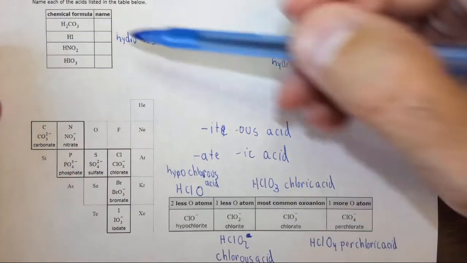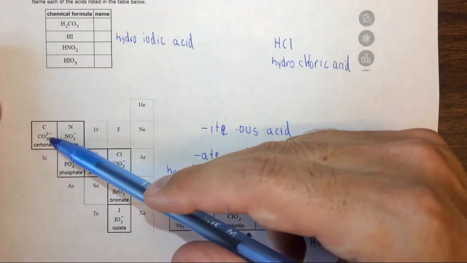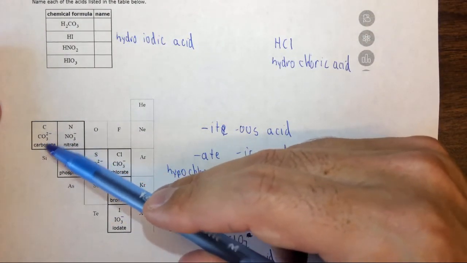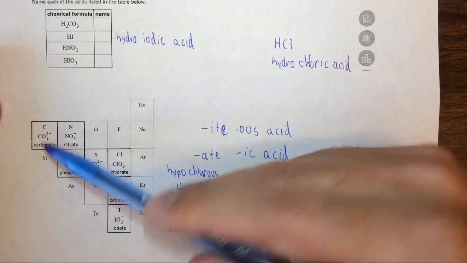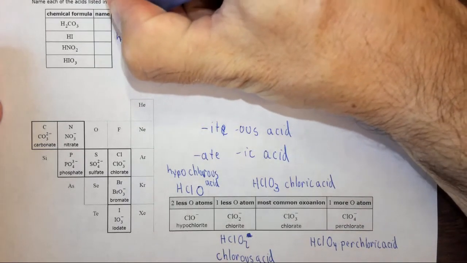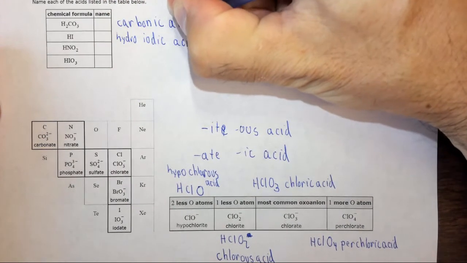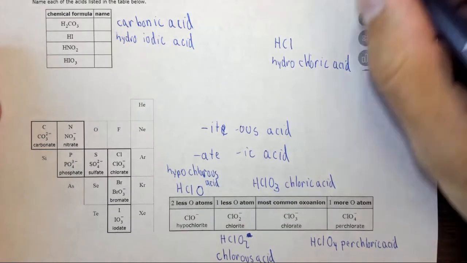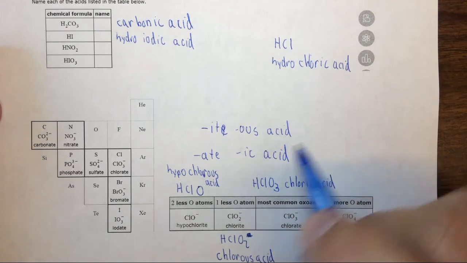So let's look up here. Here we have H2CO3. Well, if we look here, carbonate is CO3, so this is the most common oxyanion of carbon. So since this is carbonate, this is simply carbonic acid. This acid actually forms when you dissolve carbon dioxide in water, such as in a bottle of soda or seltzer water.